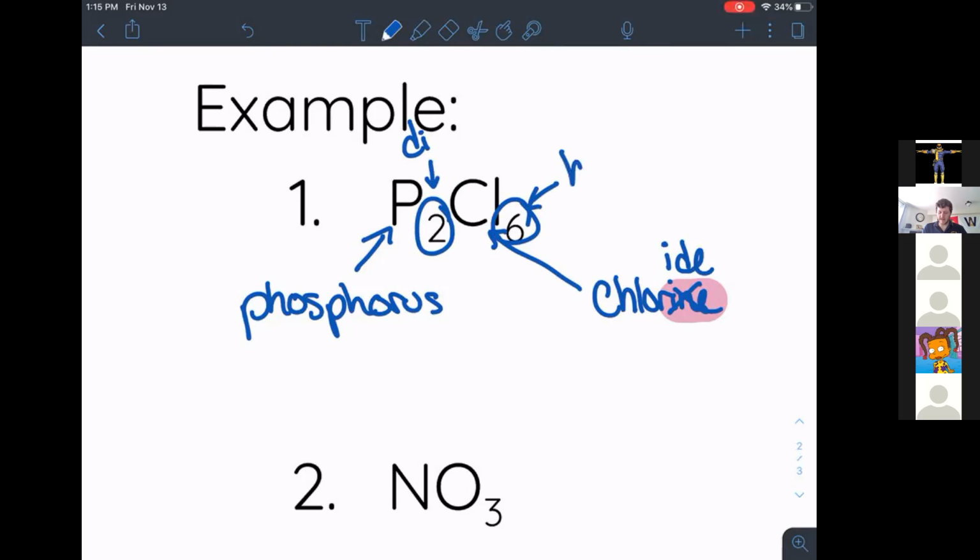Hexa. Perfect. So now we're going to put these things together. Let's put the prefix in front of our phosphorus. Let's put it as one word. So what is that one word going to read as? Diphosphorus.